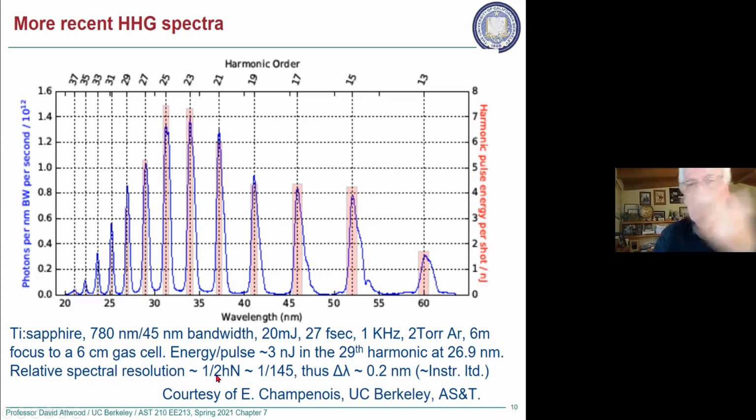The factor of a half here is, I would say, arbitrary. I think Ilios is just telling us that if you measure the width of that, this is about what it comes to. But to first order, you're always going to get a bandwidth like this, and we should each make sure that we believe that. I can stop and make a diagram if you want, but again, for each of the infrared cycles, there's going to be H cycles of that particular harmonic wavelength.